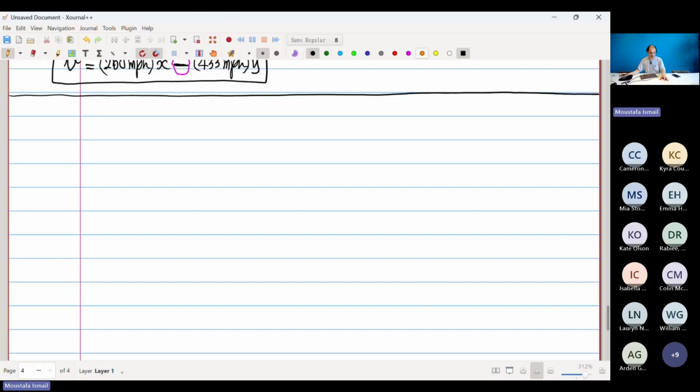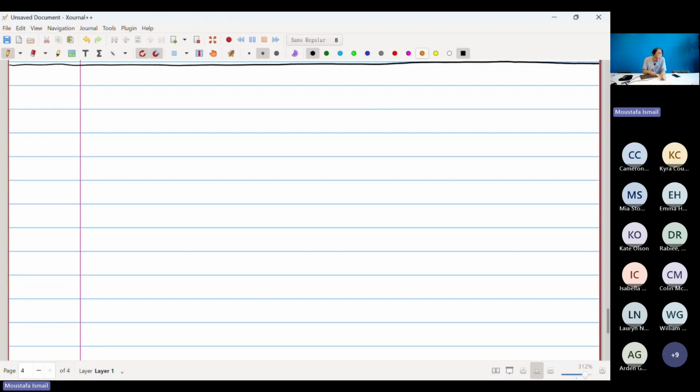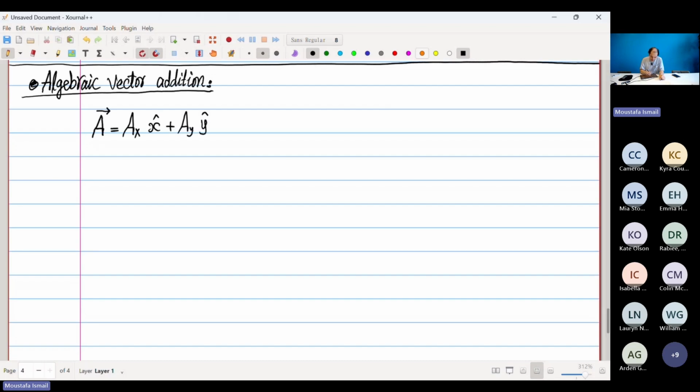So we can also do vector addition algebraically. Let's say we have two vectors A and B, and we decompose them into component form. So A_x along x hat plus A_y along y hat.